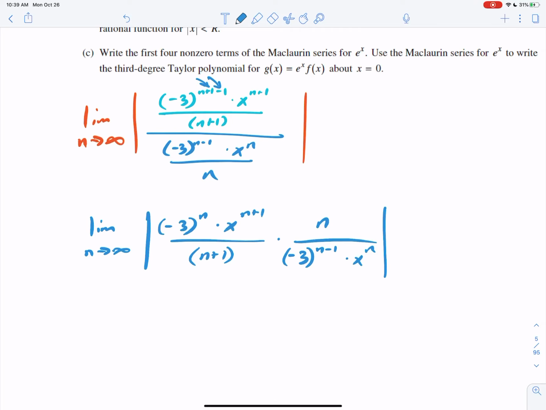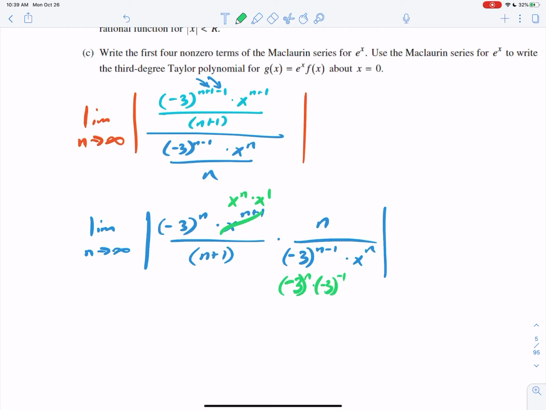All right, this is where magical things happen. Not really. Things cancel out, okay? X to the n plus 1 is the same thing as x to the n times x to the first. -3 to the n minus 1 is the same thing as -3 to the n times -3 to the -1.